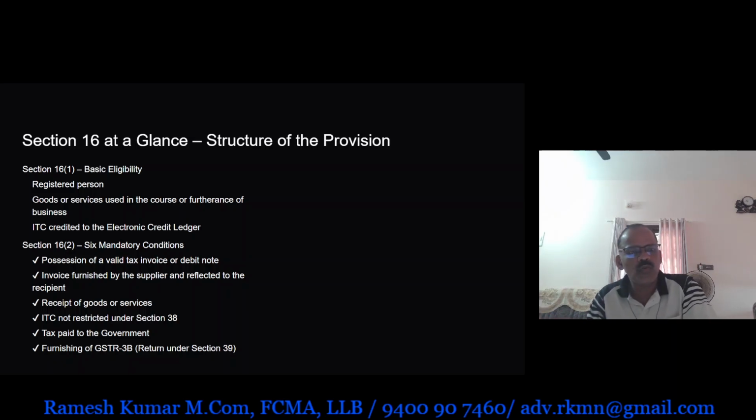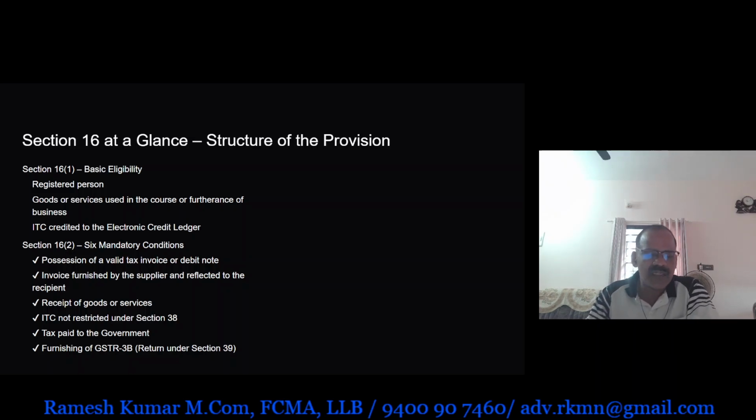Next comes subsection 2 of section 16. This is exactly the heart of the GST provisions because it prescribes 6 mandatory conditions. Then we have important provisos, which are part of the clause. These include the situation when goods are received in lots or installments, the very famous 180-day payment rule, and re-availment of credit, etc.